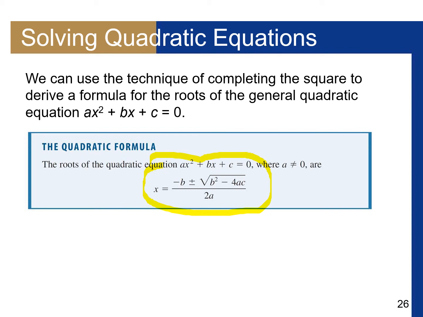If you use the song Pop Goes the Weasel and sing it that way, you go x equals negative b plus or minus the square root b squared minus 4ac all over 2a.